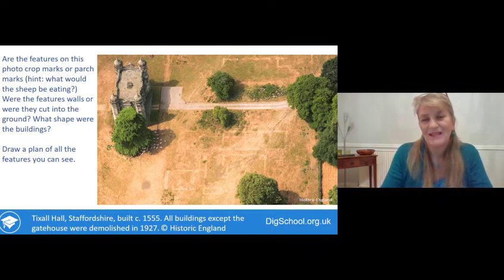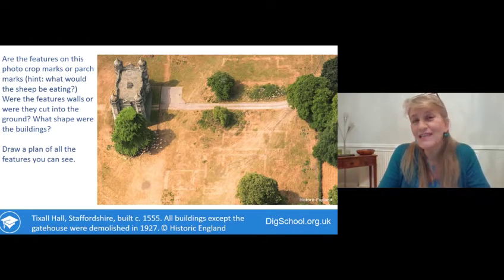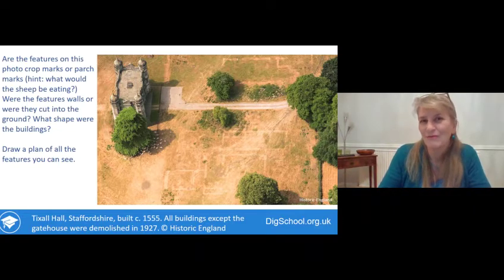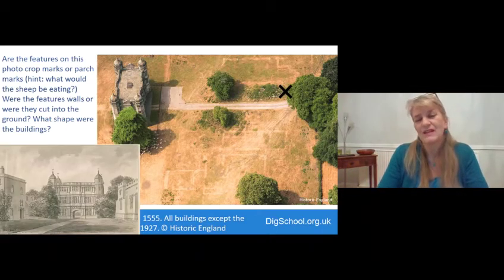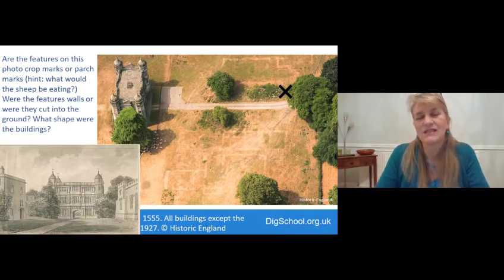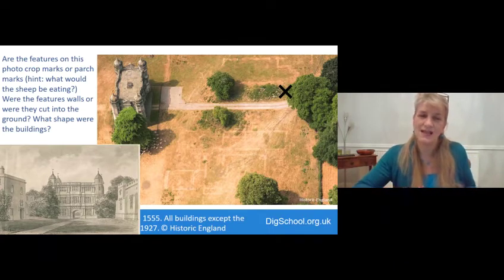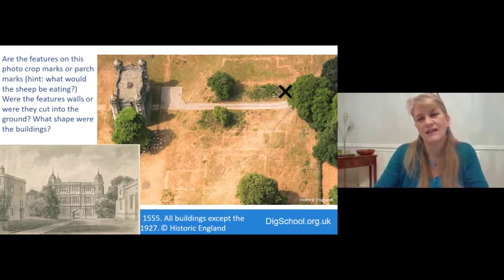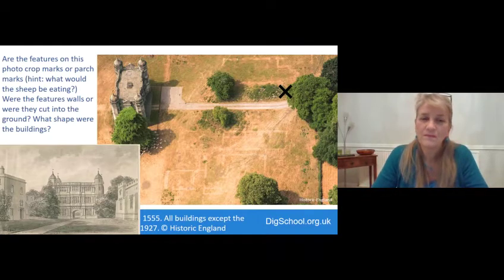Now, we don't have any recent photographs of what this complex looked like before it was demolished, but we do have an engraving. This engraving was drawn by someone standing roughly where the black X is marked. So you can see the driveway leading up to the gatehouse. The person is standing on the right-hand side of the gate of the driveway there.